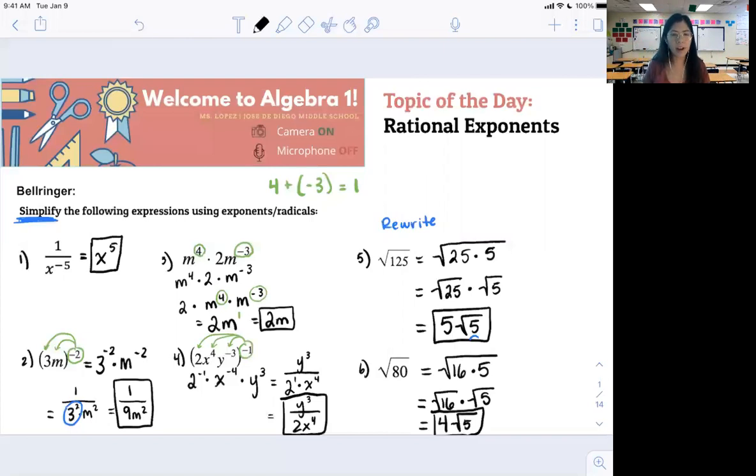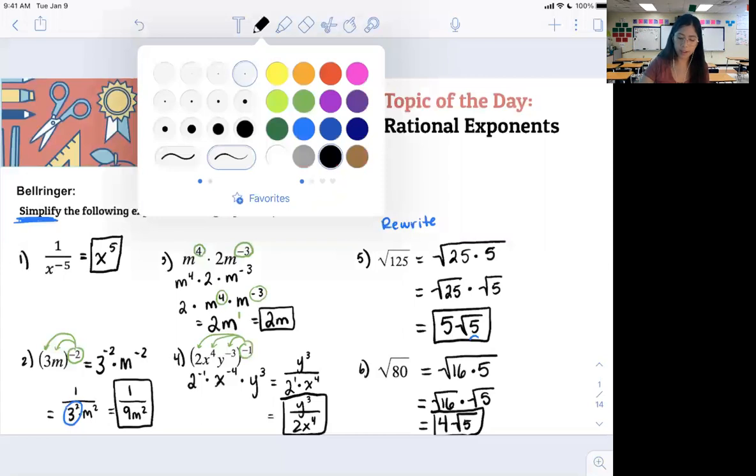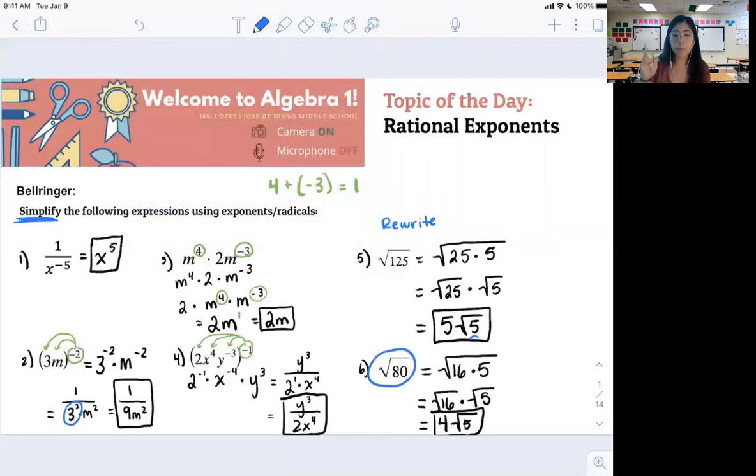Now, how could I figure out approximately what the square root of 80 would be without a calculator? How do I approximate that answer? Round up. We're going to round, because what is the nearest perfect square to the number 80? 81.